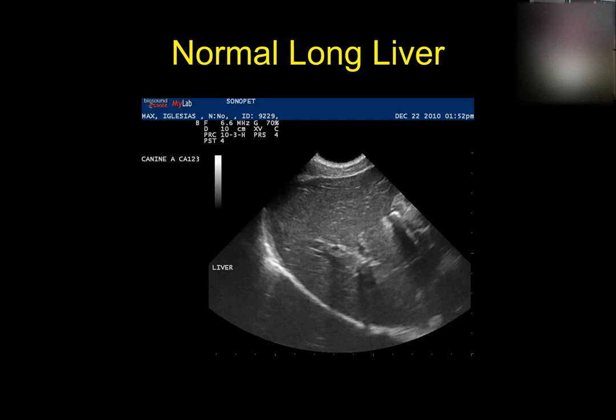Okay. Now you're thinking, well, wait a minute. When we did echoes, we did it the opposite way. Head was to the right. Is that right? When y'all did echoes, head was always cranial to the right. And the reason is that when veterinary cardiologists, who do the great majority of the echoes, started learning how to do echoes, they were reading the human literature.